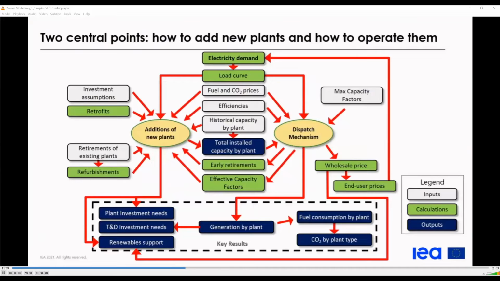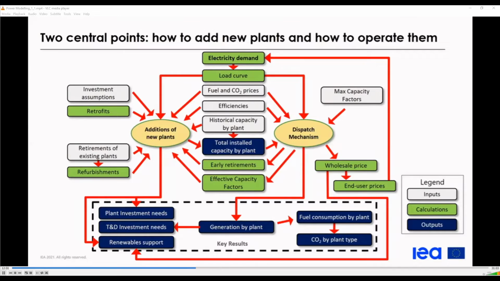So this is a more detailed diagram of the power sector module. Here you can see that there are two central points in this module. We have the capacity addition mechanism on the left. So this is the module from which we derive what type of capacity needs to be built to meet electricity demand. The inputs in white of this module are investment assumptions, prices, efficiency, historical capacity, and retirement.